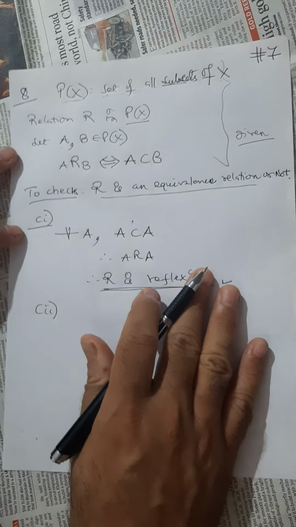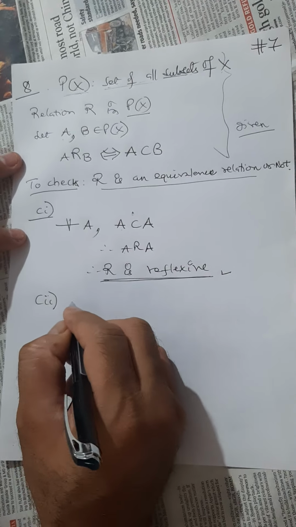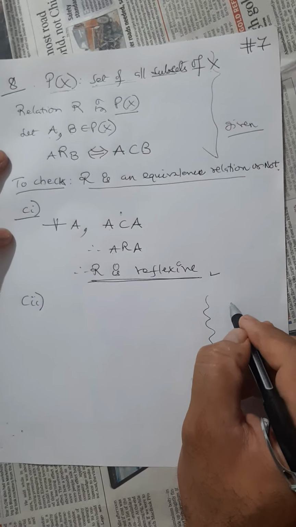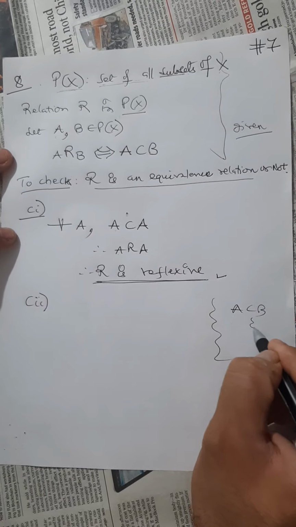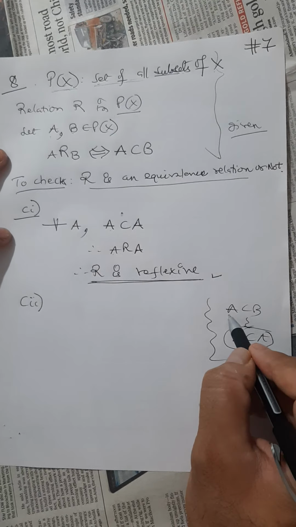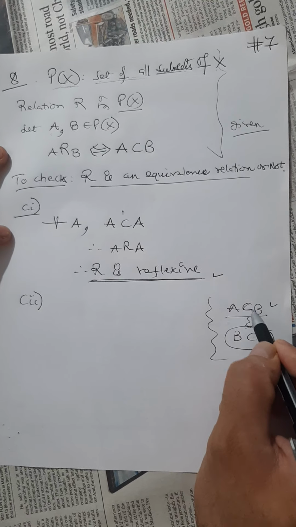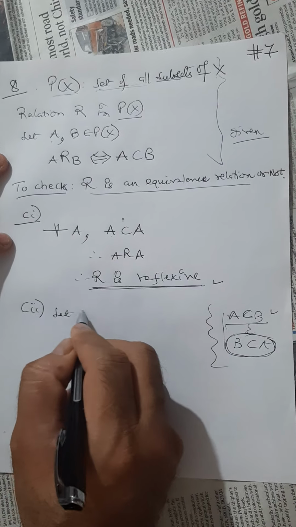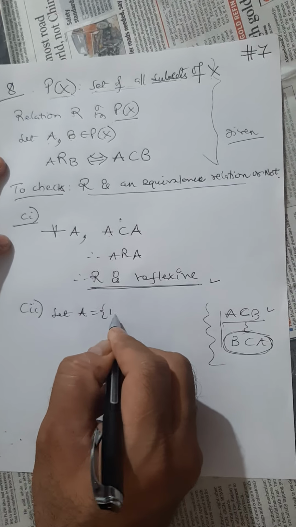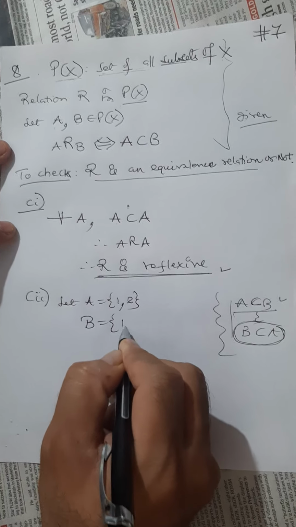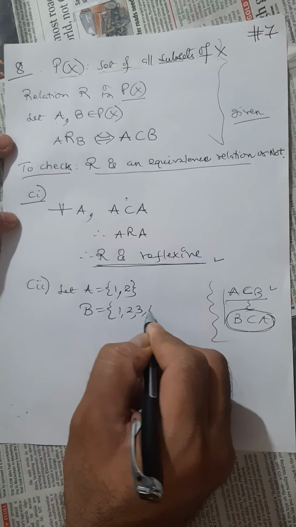Now, if I recall from sets, if A is a subset of B, it is not necessarily true that B is a subset of A. One set is a subset of the other one, the reverse need not be true. Let's take A equals {1, 2} and B equals {1, 2, 3, 4}, for example.